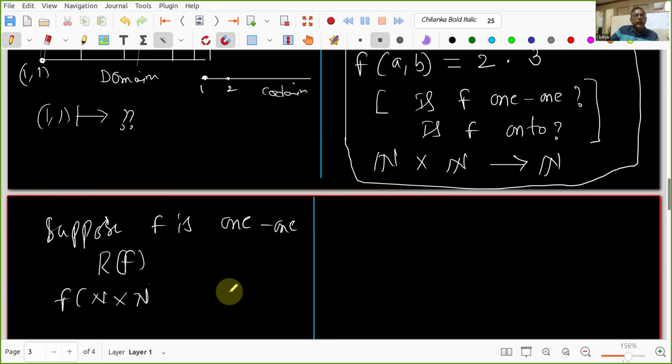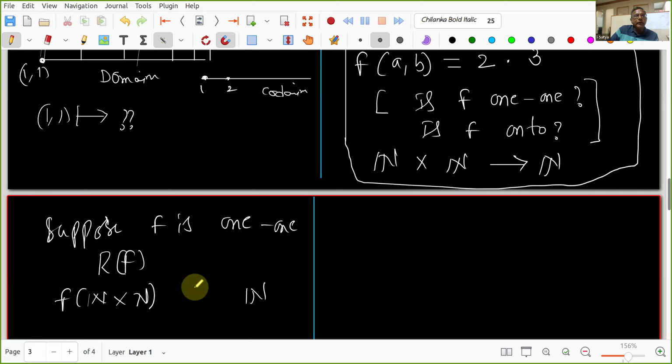What is the connection with N? You know that the range of f is within N, the codomain. If it is 1-1, then the cardinality, the number of elements in N cross N, is quite interesting.